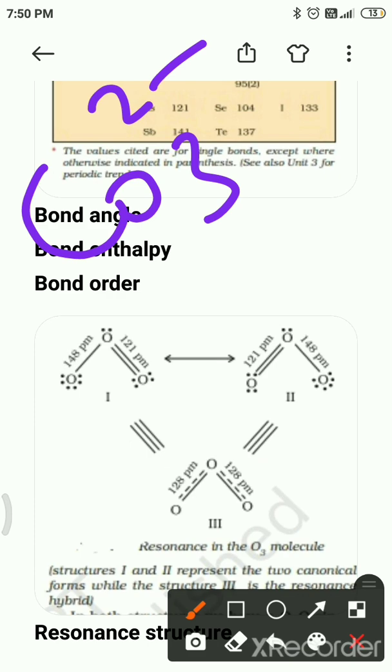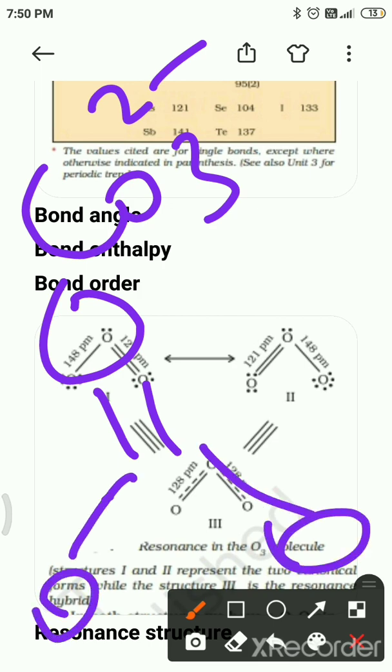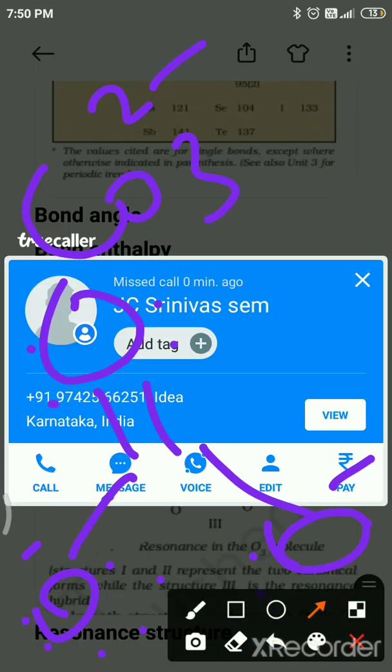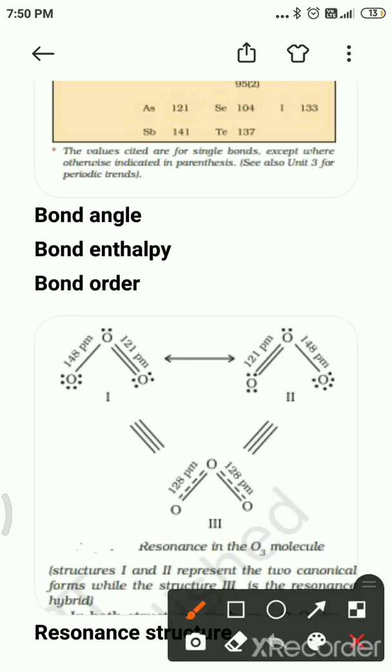The first structure is O double bond, dash O, dash O minus on either side. There are 2 valence electrons here, and 6 are there on the other oxygen atom, having 6 valence electrons. Sorry for the disturbance.